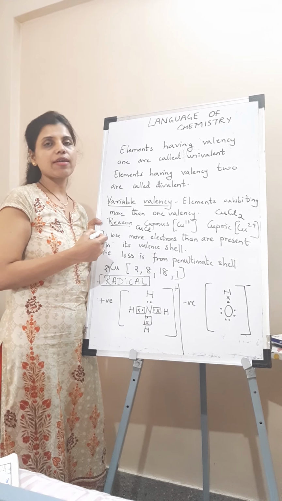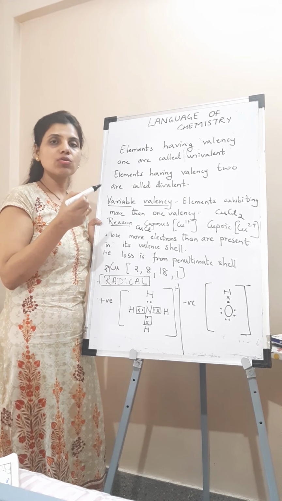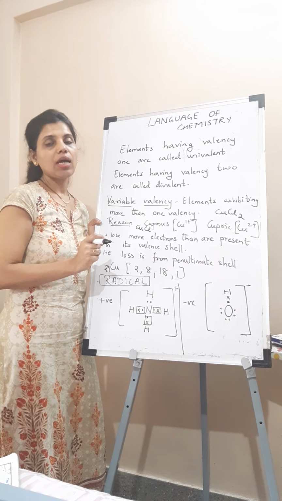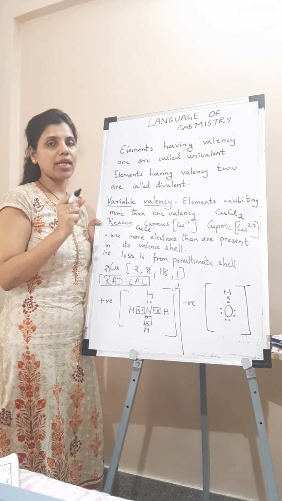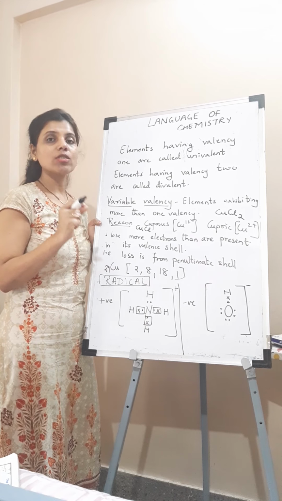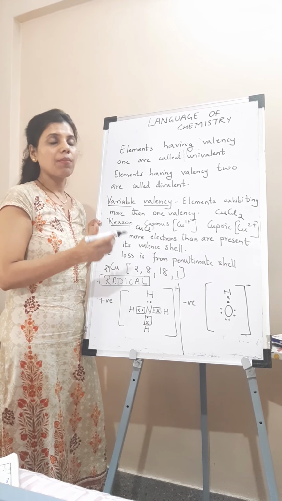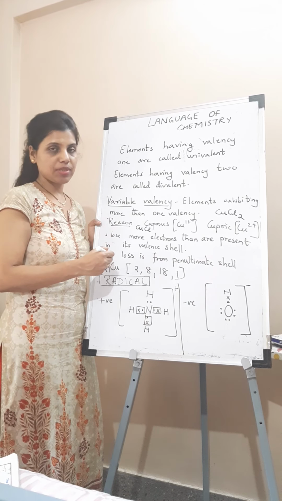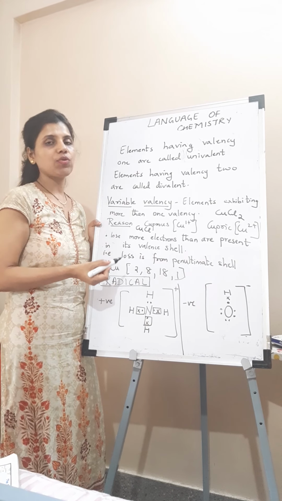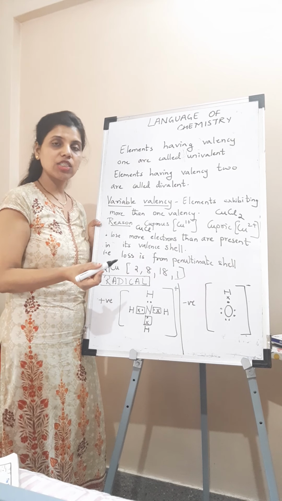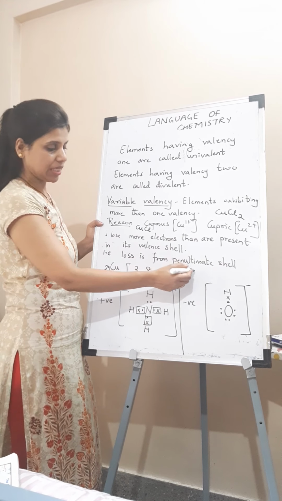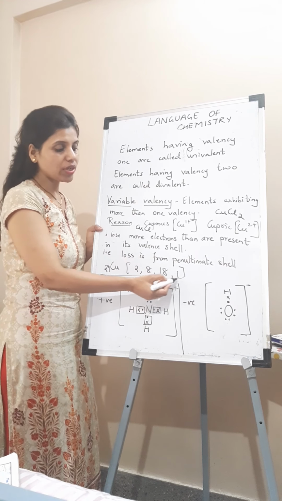In the last video we have seen that whenever we want to study valency, we have to concentrate on its valence shell, and it will always lose or gain electrons with respect to the number of electrons present in the valence shell. But here in these elements which show more than one valency, you have to focus on the valence shell as well as the penultimate shell. Penultimate shell means the shell before the valence shell.